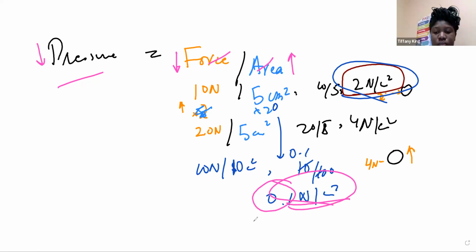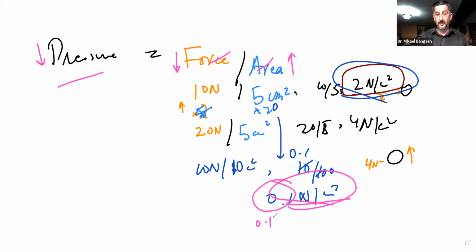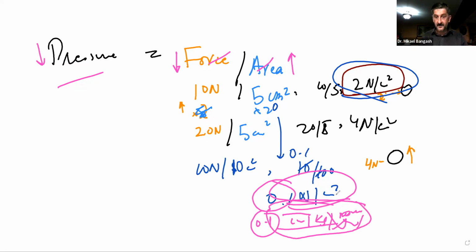Because there may be other answers which also have 0.1, but give you a different unit. If you choose the one with a different unit, say kg per second or whatsoever, that may mean you think that is the unit for pressure, which is wrong.